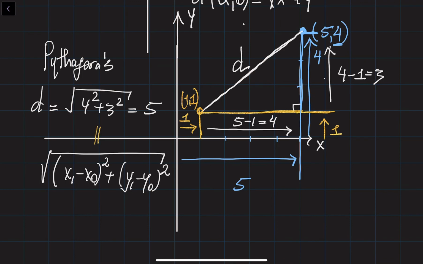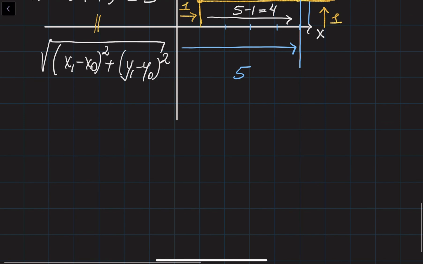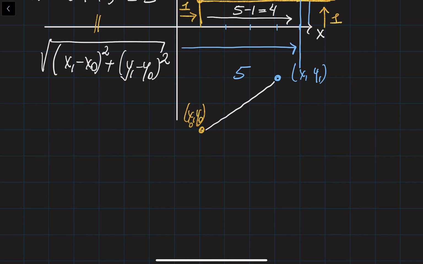Good. So in general, if you're just given 2 points, where one point has the coordinates x0, y0, and another point has the coordinates x1, y1, then you can find the distance again using the right angle triangle. So again, you are going to make the triangle.